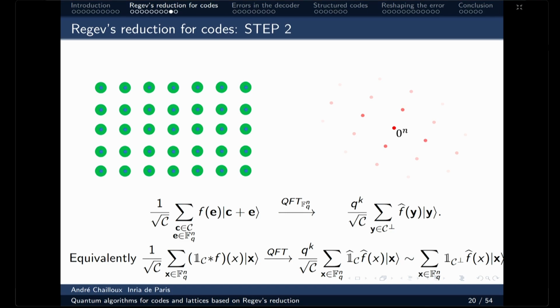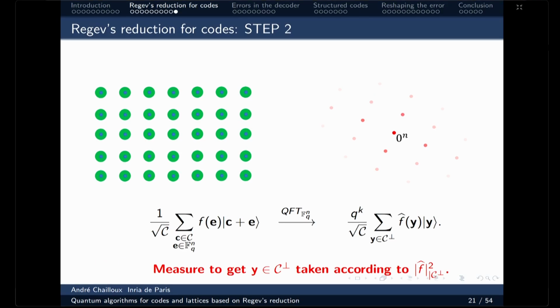And so from this, you can recover the state on the top, right? Okay, so once you have these calculations, you measure and you get this y in the dual code taken according to this function, right? So the more this f hat is concentrated on small weight code words, the smaller weight code words you'll have.